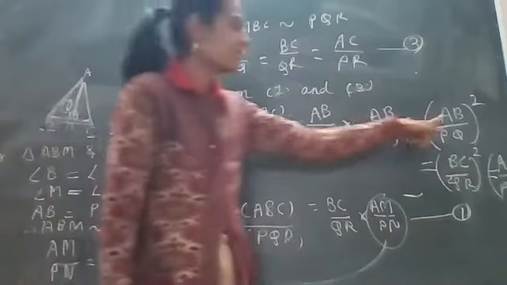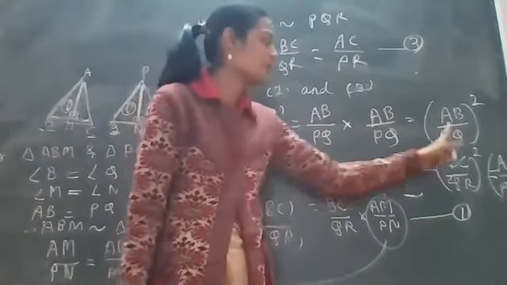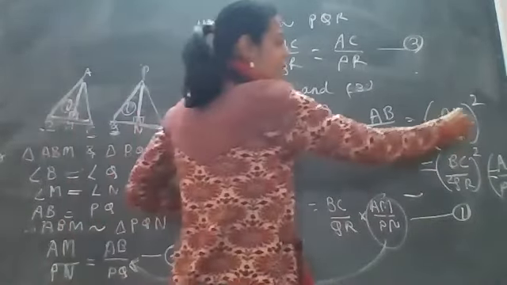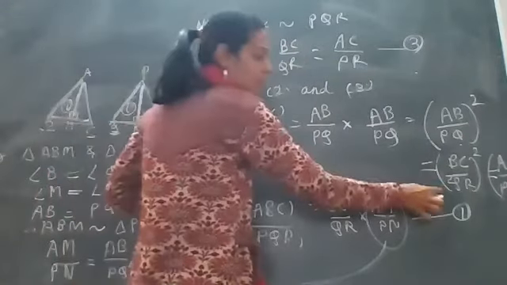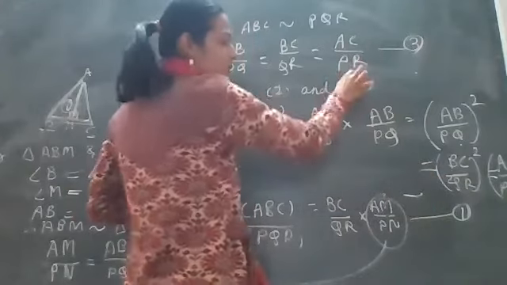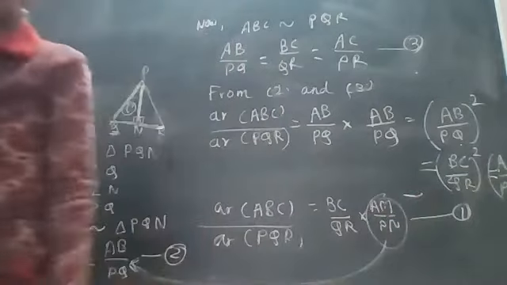So it becomes AB square upon PQ square. But as we know that AB upon PQ is equal to BC upon QR, so we have replaced that, and BC upon QR is same as AC upon PR. So hence we can prove this theorem this way.